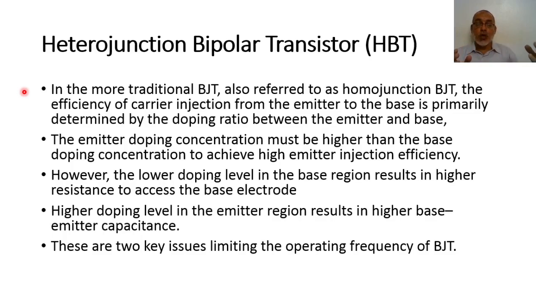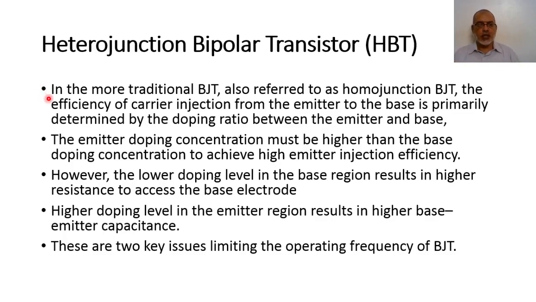So in this case, we have two different semiconductors between the emitter and the base. That's why we say that there's a different junction, a heterojunction. It is not the same. So we have a heterojunction between the emitter and the base, and we still have a homojunction between the base and the collector. This is briefly what is meant by a heterojunction bipolar transistor.